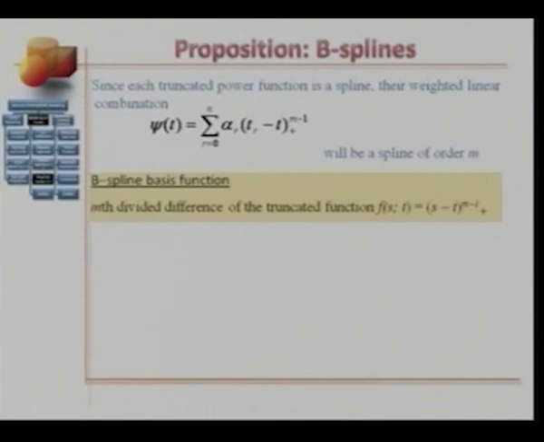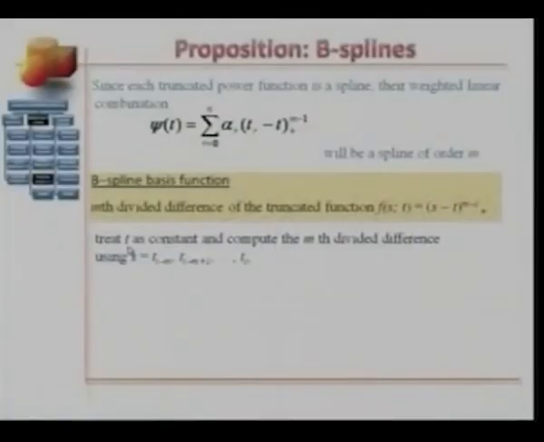We'll do so in today's lecture and a few more. As I had mentioned before, we might want to treat t as constant and compute the mth divided difference using s as t_(i minus m), t_(i minus m plus 1) up till t_i.